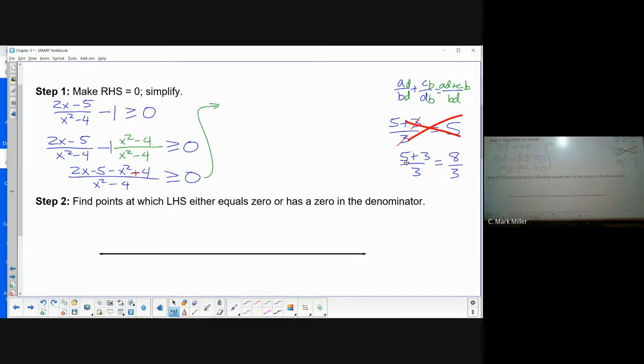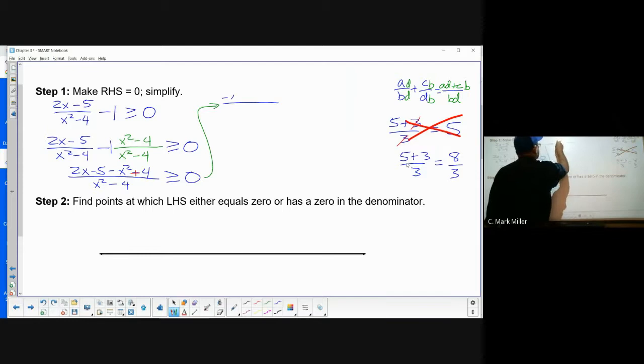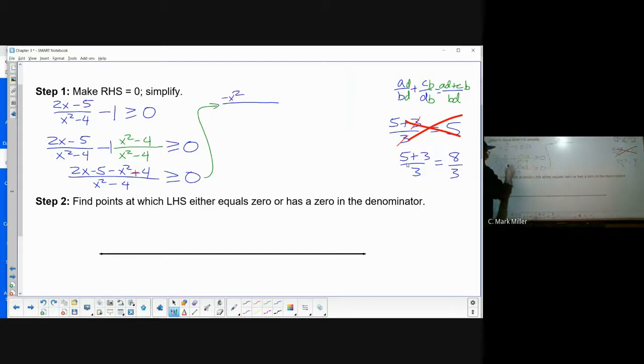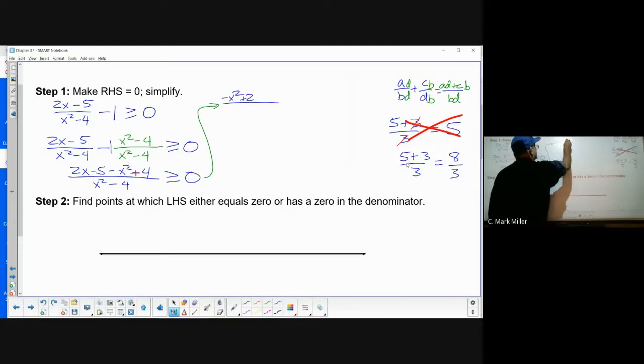I want to write this as a polynomial. So I have 2x minus 5 minus x squared. So that's going to be a minus x squared. How many x's? 2x. What's my constant? Minus 5 plus 4 minus 1 divided by x squared minus 4.